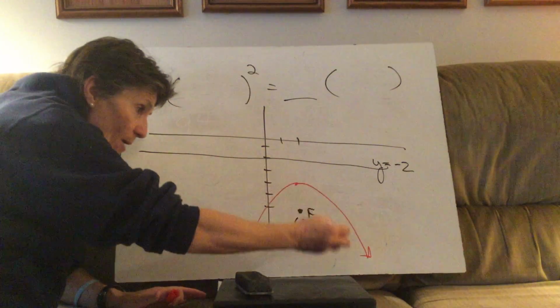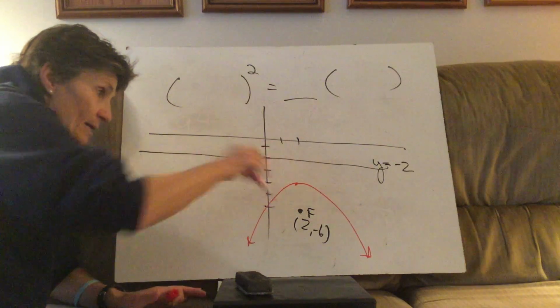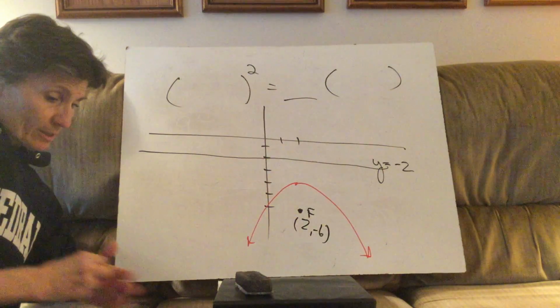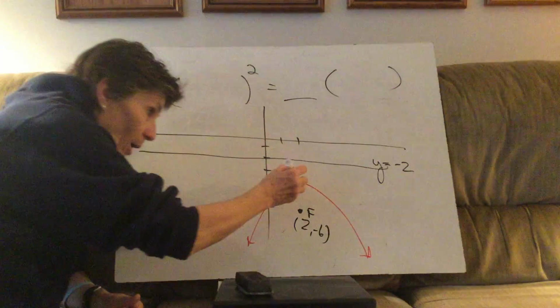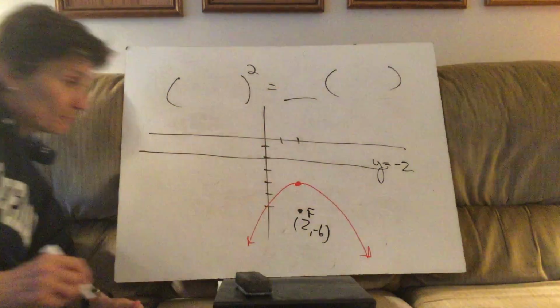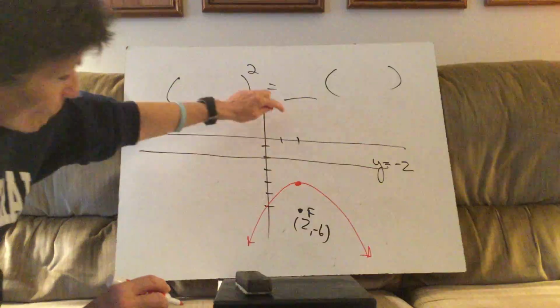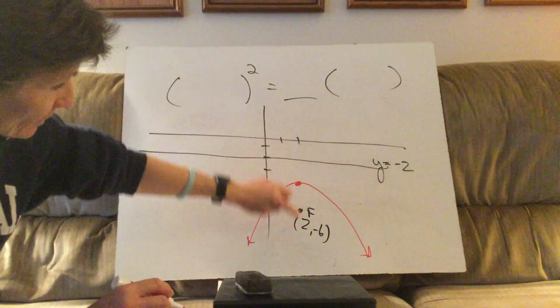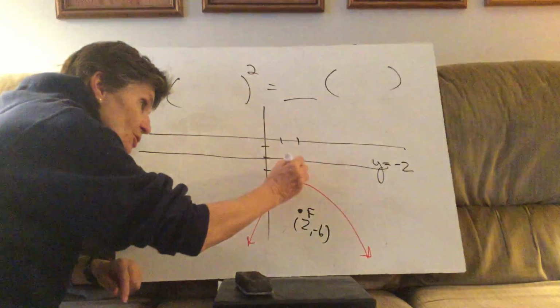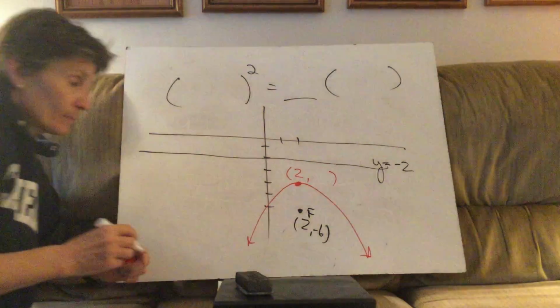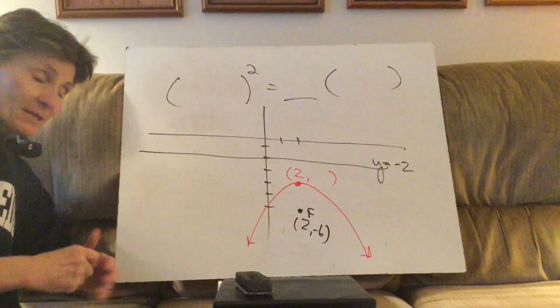It's going to wrap around its focus and open away from the directrix. Now, what is that point? Well, remember, it's right in line with the focus. So its x-coordinate must be 2.